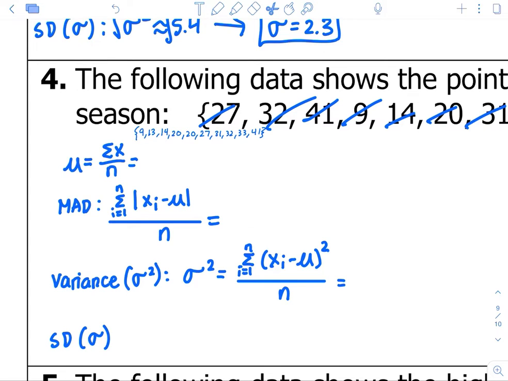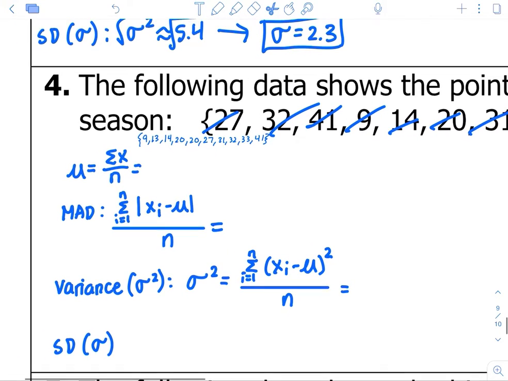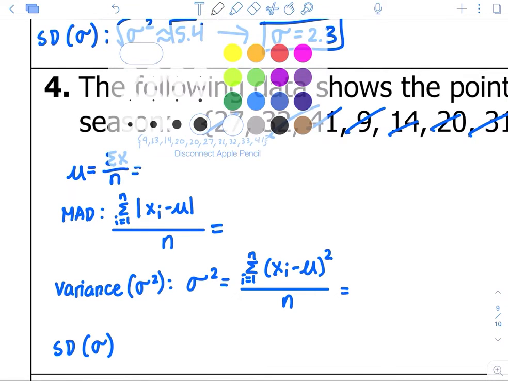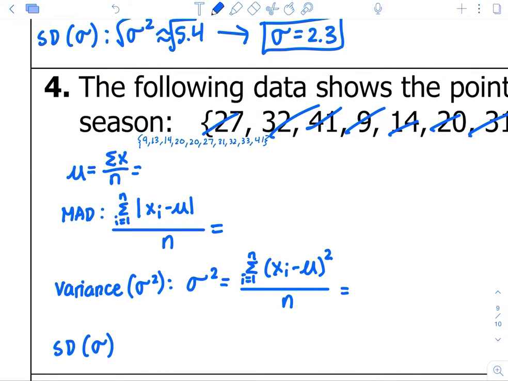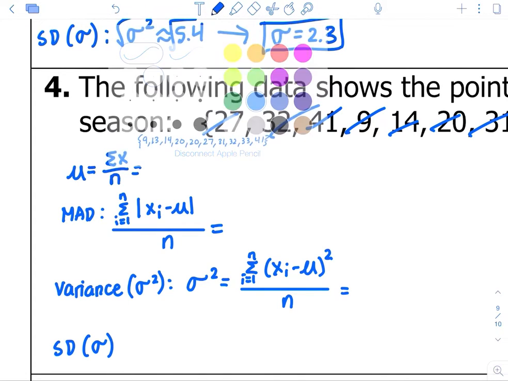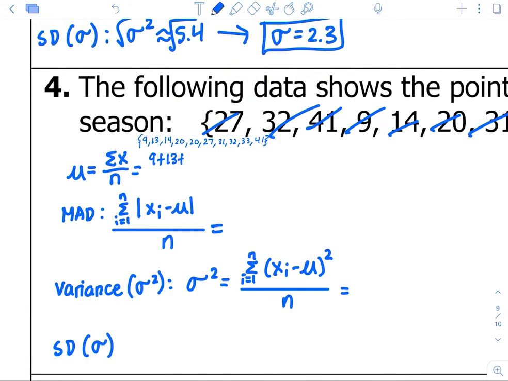So there's our numbers. Now we can find our mean, right? So your mean is gonna equal the sum of all of them. So we are gonna have 9 plus 13 plus 14 plus 20 plus 20 plus 27 plus 31 plus 32 plus 33 plus 41 all over the total amount of numbers there are. 1, 2, 3, 4, 5, 6, 7, 8, 9, 10.